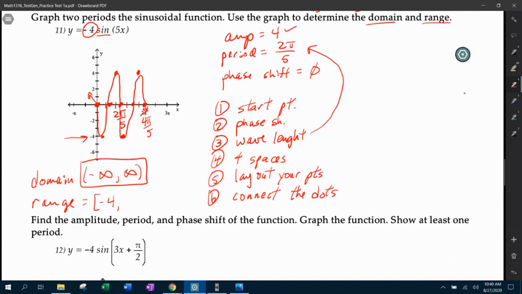It's never going to go below -4, but we use a bracket because it will get to -4. And then the highest that this graph ever goes is 4. And it does touch at 4, so we need a bracket. And so there's the domain and range and the 2 periods done.